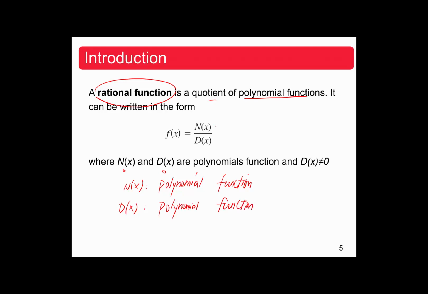So it's a polynomial over polynomial. And one thing is the denominator cannot be zero, right? The denominator d of x cannot be zero. It's like the implied domain, right?